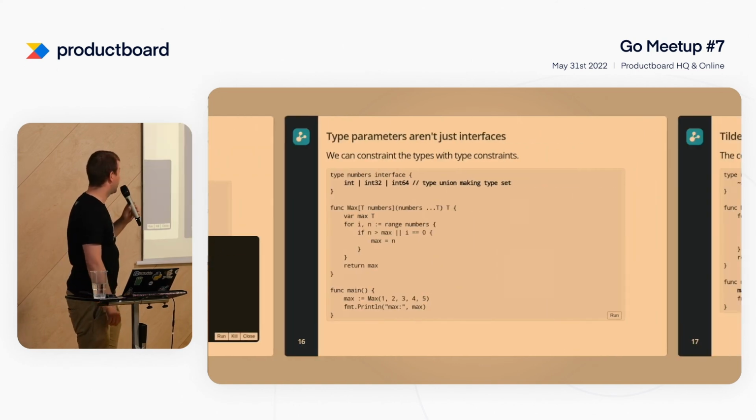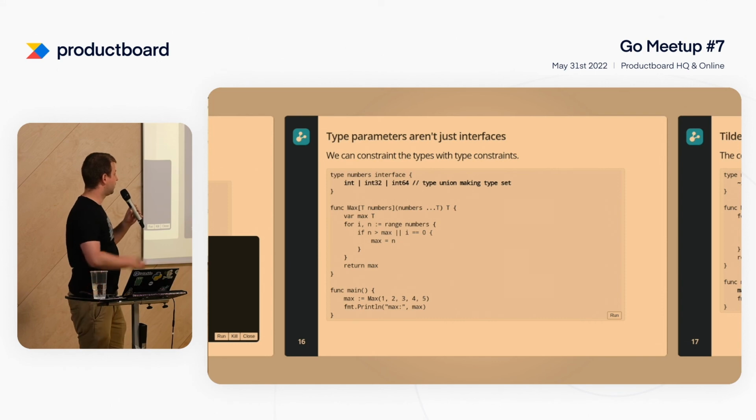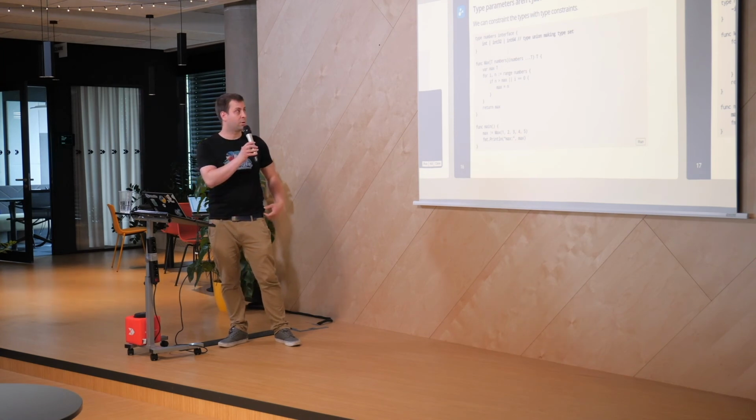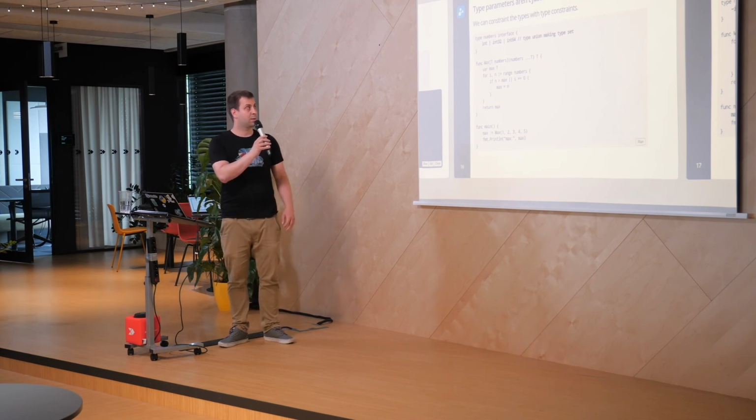Also, they are not just interfaces. The interface syntax was extended. The co-authors added an option, but it is to be used only with generics. We'll get to it later, but basically you can't use this in your regular code where you use simple interfaces, and it's called a type constraint.